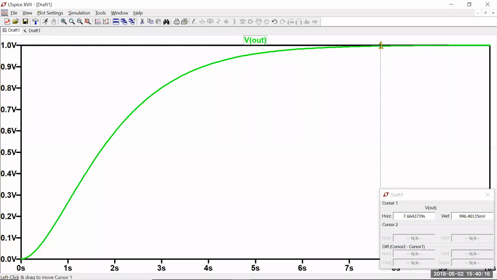So what would the equivalent tau be? Six seconds. So does that mean every critically damped thing, instead of 5 tau, it'll be 6 tau?